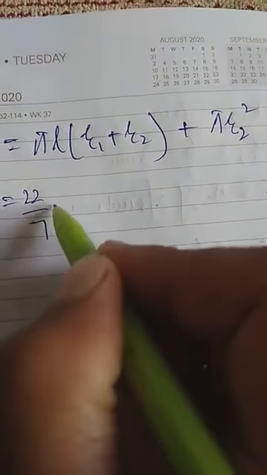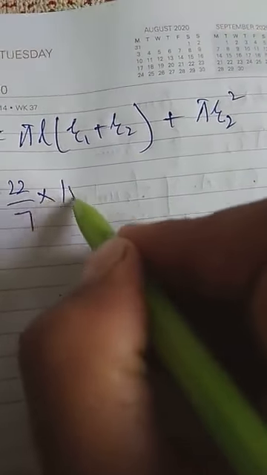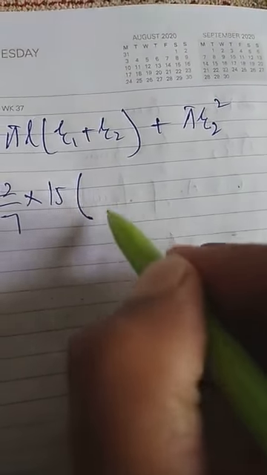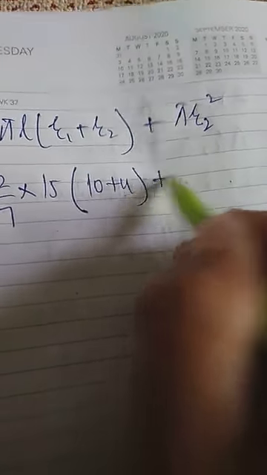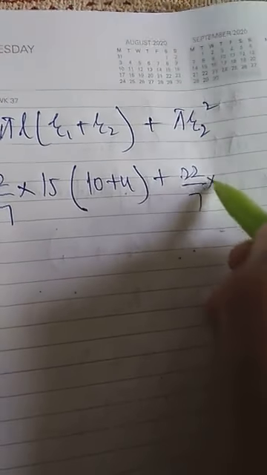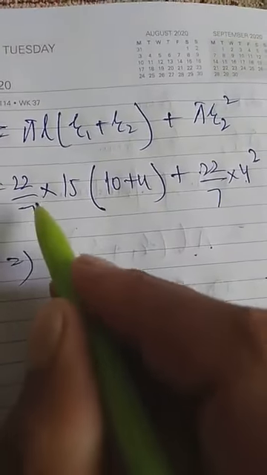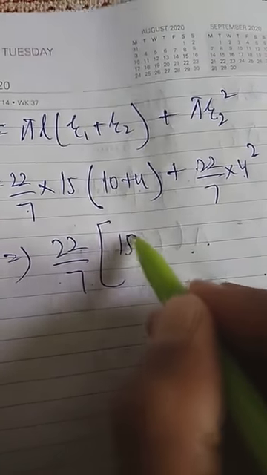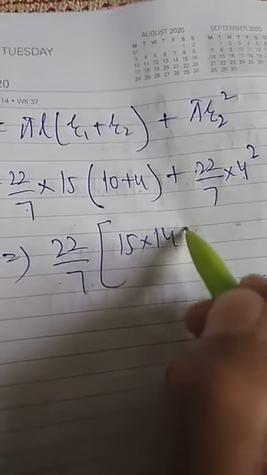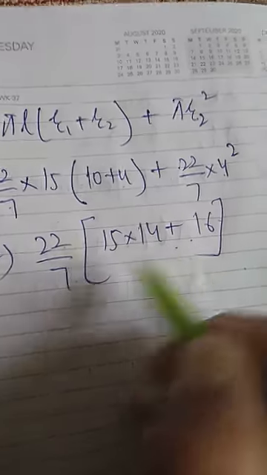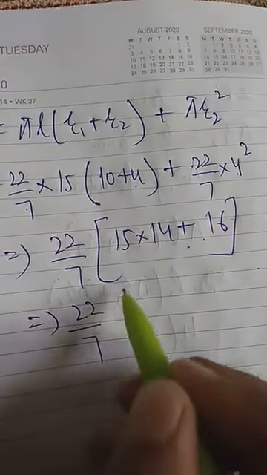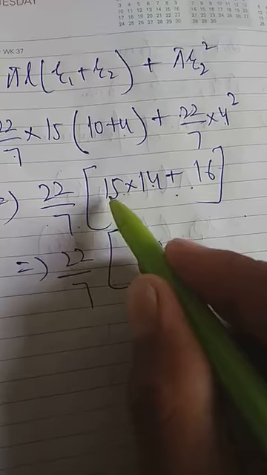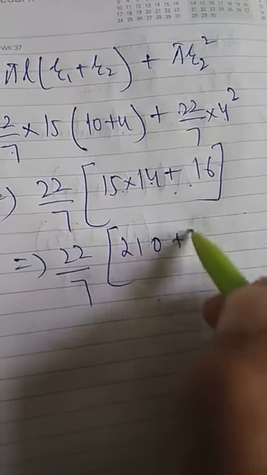22 upon 7 into L, its slant height is 15, into (R1 plus R2), R1 is 10, R2 is 4, it is 10 plus 4, plus pi again 22 upon 7 into 4 square. 22 upon 7 can be taken as common here. It is now 15 into (10 plus 4) is 14, plus 4 square is 16. 14 5s are 70, carry 7, 14 1s are 14, so that is up to 210 plus 16.